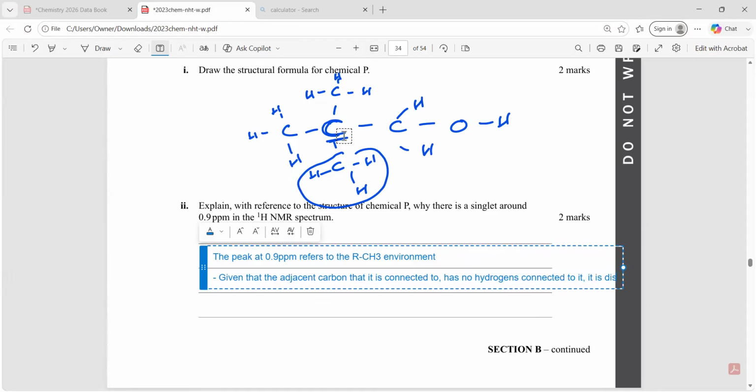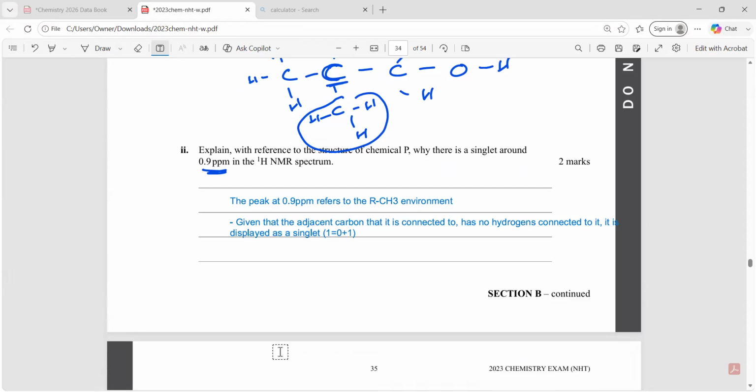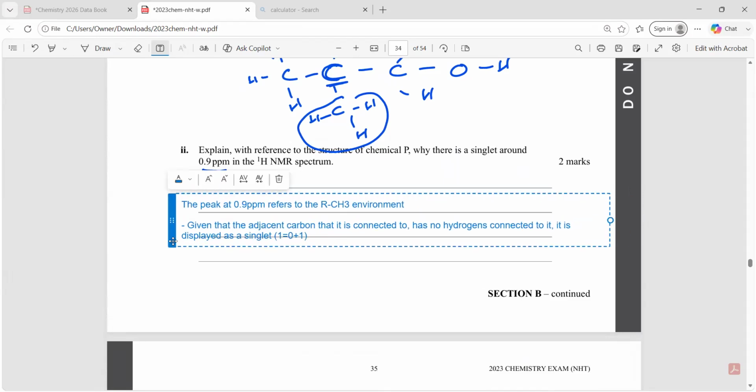It is displayed as a singlet. Because of the n+1 rule. So it'd be 1 equals 0 plus 1. Okay. So we've made reference to the n+1 rule there.